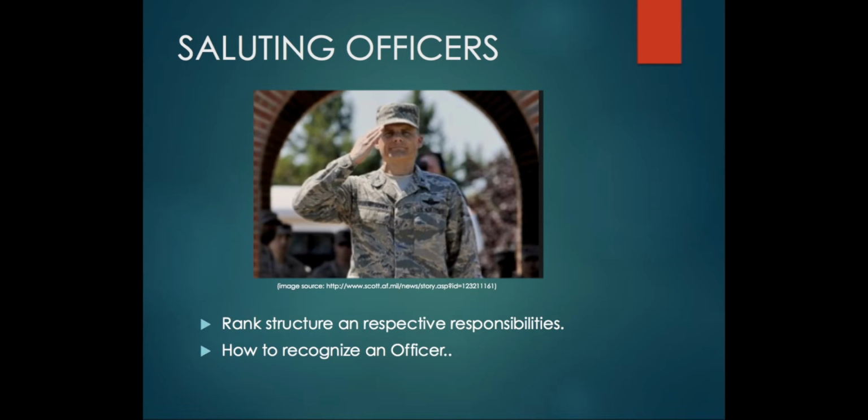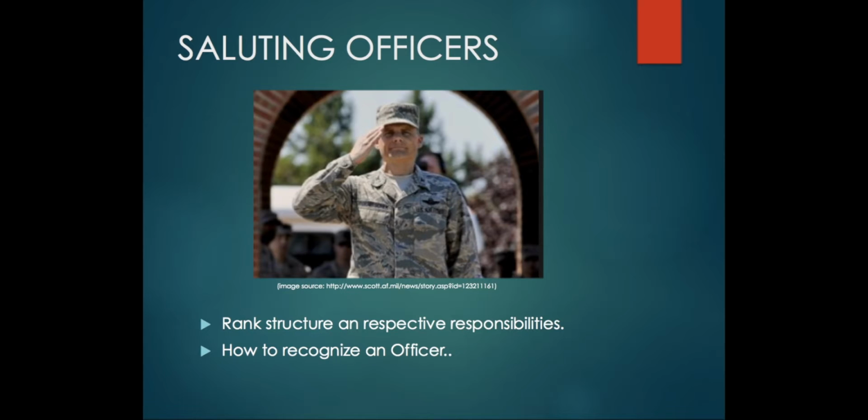First things first, saluting officers. We all understand that we learned in basic training that we're required to salute all the officers appointed over us. As you can see, the rank structure and respective responsibilities.